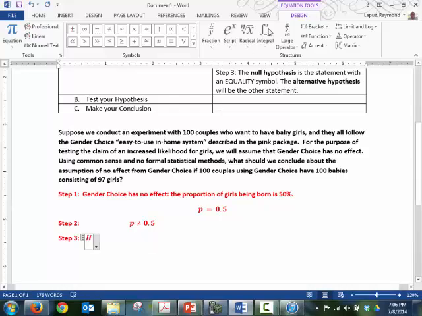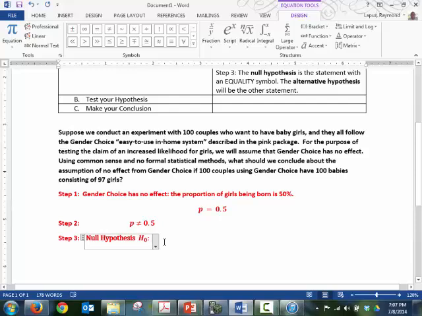So your null hypothesis will be labeled H sub 0.